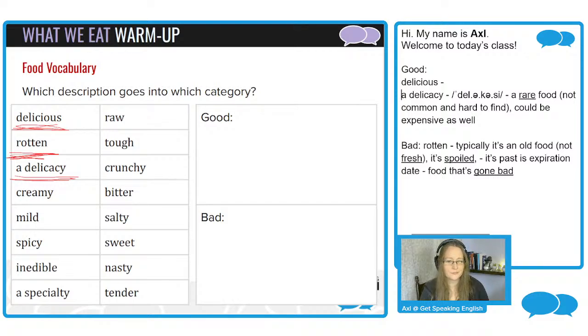Let's see here. How about creamy? So food that is creamy. Maybe we could think of an example of a food that is creamy as well. So something creamy.